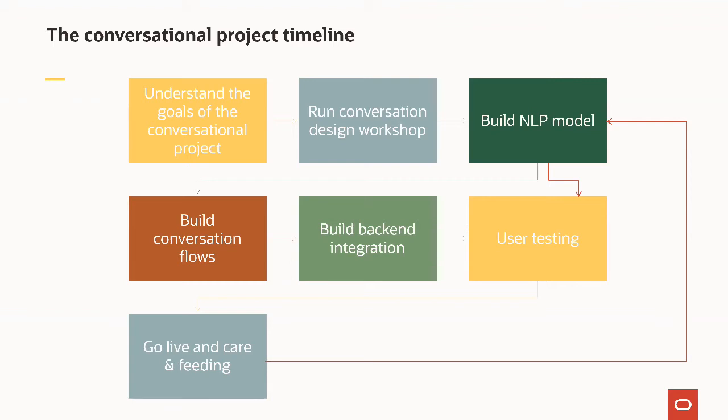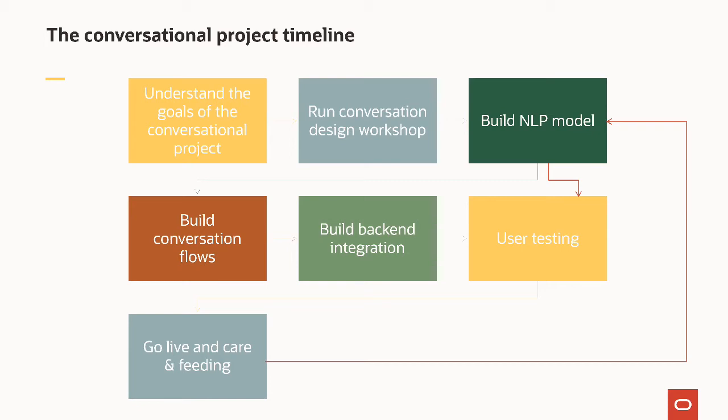So there is a big correlation between what we implement here and the strategies agreed and decided in those workshops. Because otherwise, it's up to the developer to define those things, right? So we do want the business owner and the conversation designers to really own those kinds of decisions and strategies.